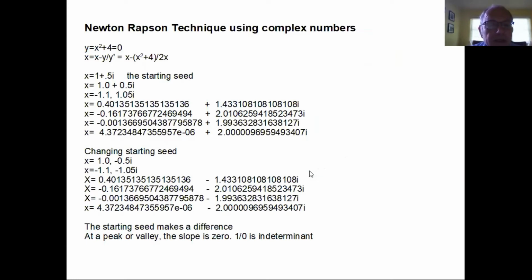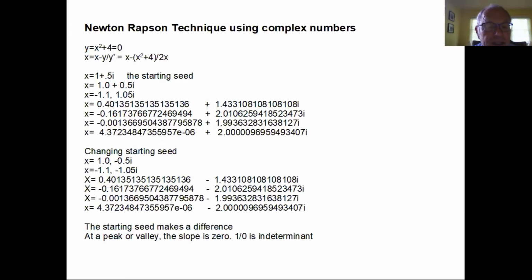Now take the example where y is equal to x squared plus 4, and we're interested in finding the roots, so we set that to 0. We then use the Newton Raphson technique for it, and we get the following equation. If we put in the starting seed of 1 plus 1/2 i, after 6 iterations, it converges to the number 2i.